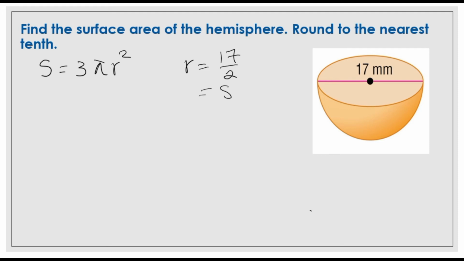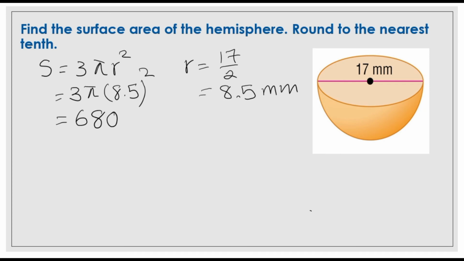So 17 divided by 2 is 8.5 millimeters. That is going to be the radius, because for the formula we just need a radius. If we substitute this radius, 3 pi times 8.5 squared, using the calculator, will be 680.9, and the unit for the surface area is millimeters squared.